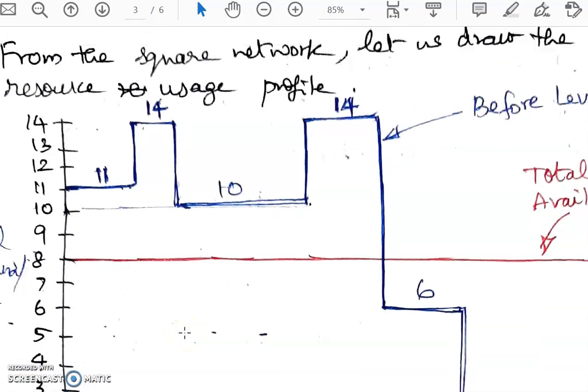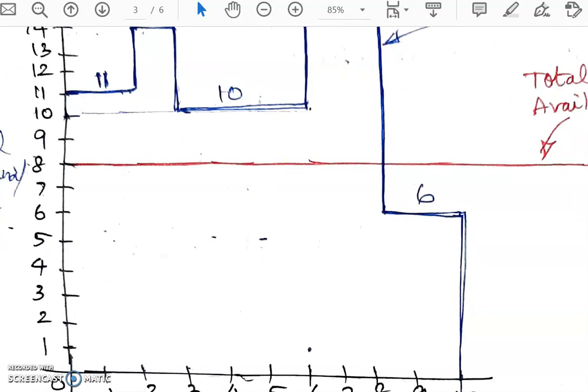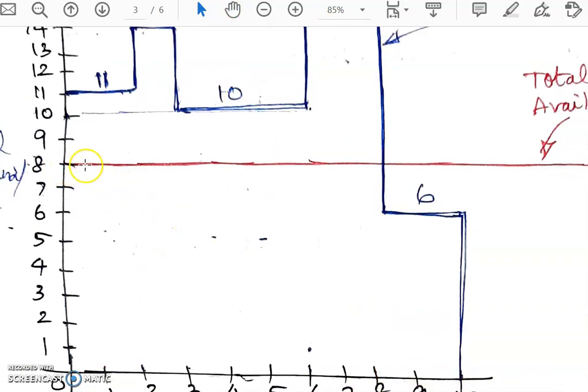As usual, we will draw the resource usage profile. So this is the resource usage profile prior to leveling. As you can see, this is for 10 days, and this horizontal line corresponding to the eight machines shows the total availability per day.